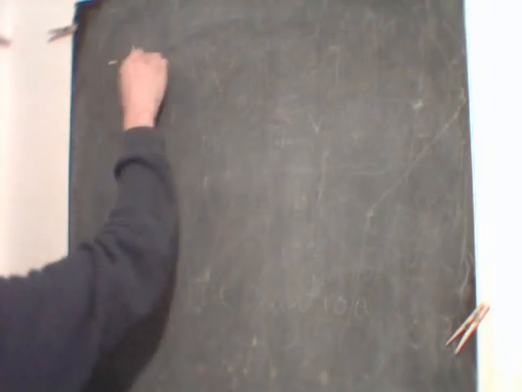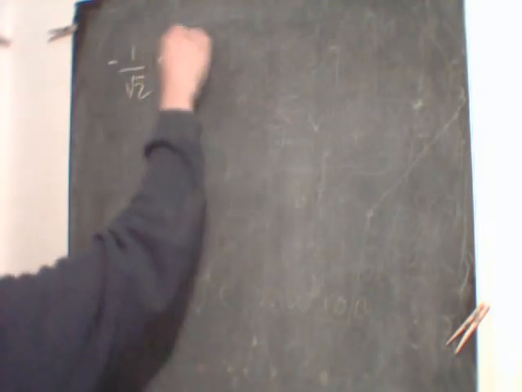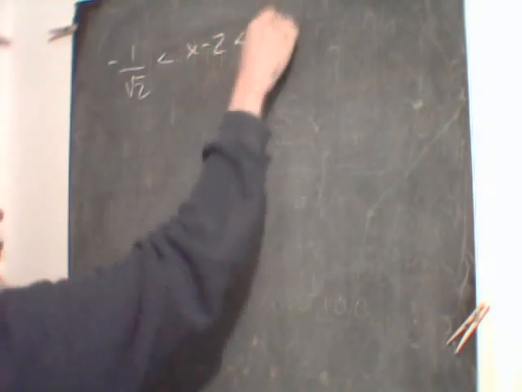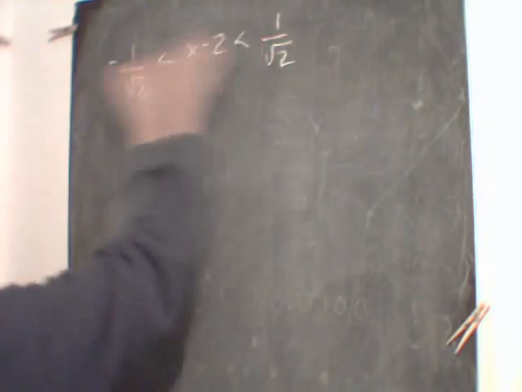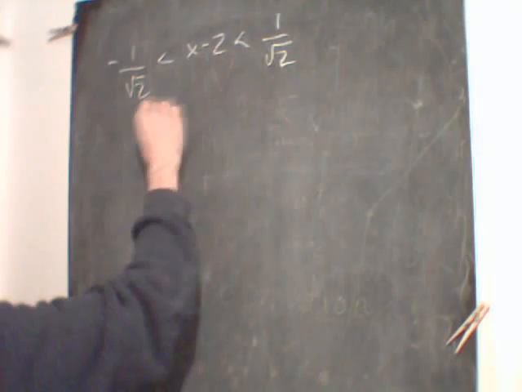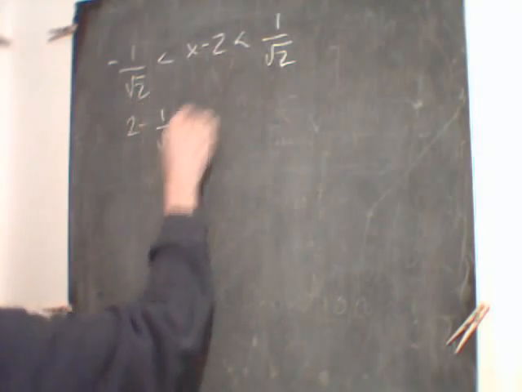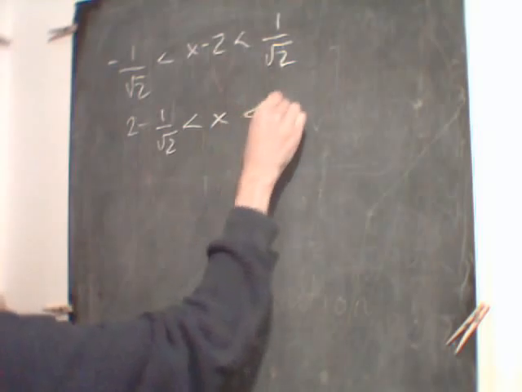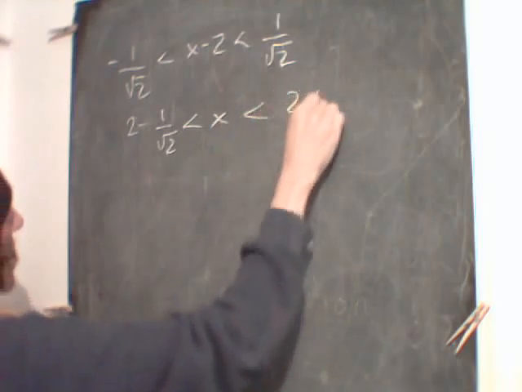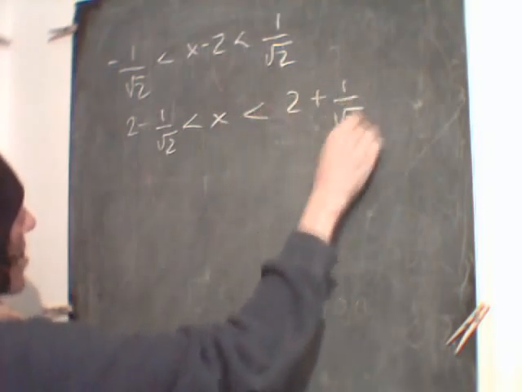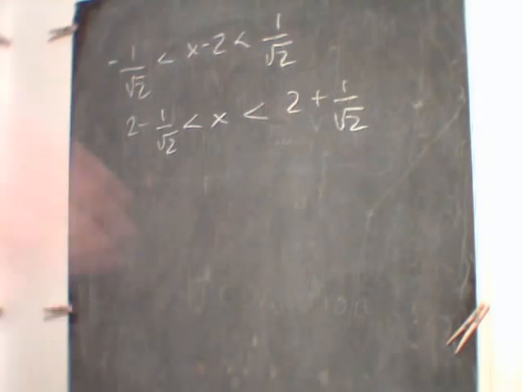That means that minus 1 over the square root of 2 is less than x minus 2 is less than 1 over the square root of 2. And then we add a 2 to everything, and we get 2 minus 1 over the square root of 2 is less than x is less than 2 plus 1 over the square root of 2. So that's almost the final answer.